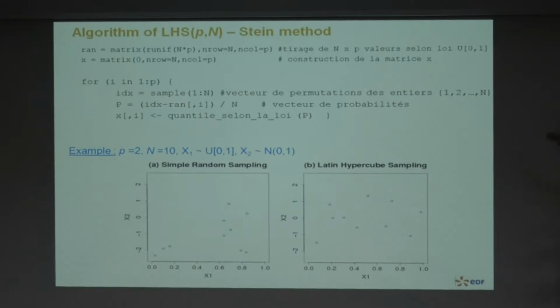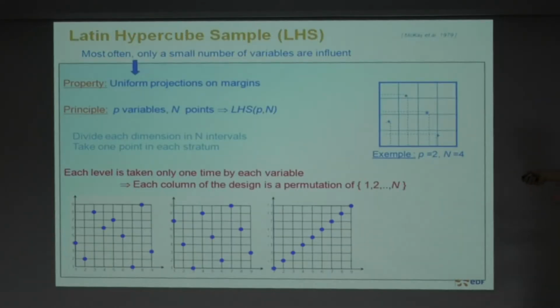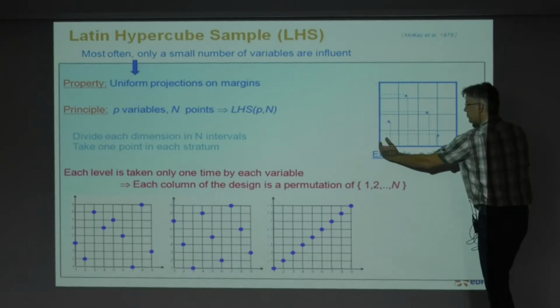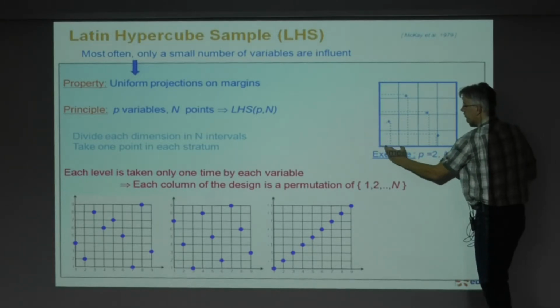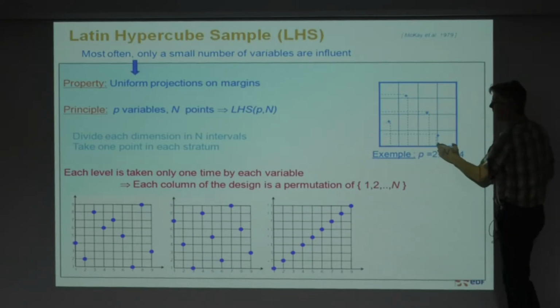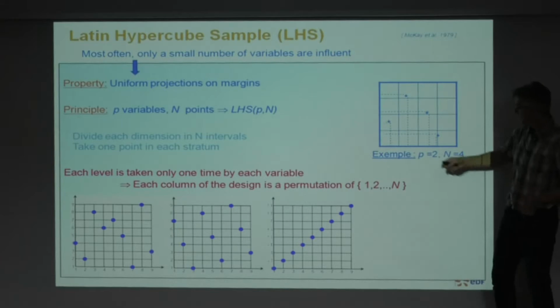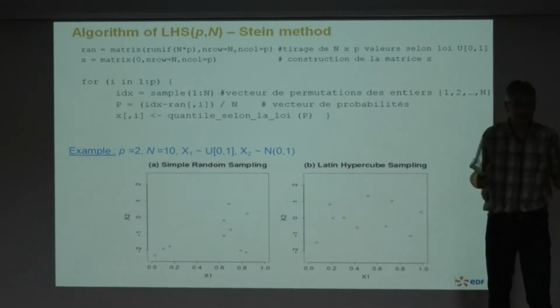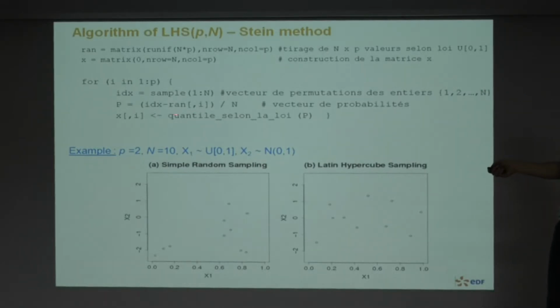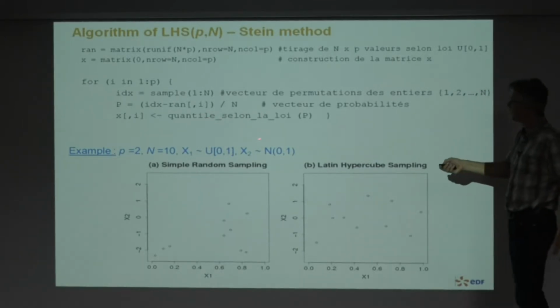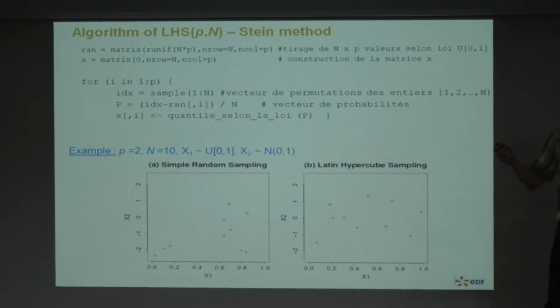Okay, so once you have done this, you can also add probability distributions. Here I have explained by imagining that this is a uniform distribution, so I have strata of equal size, because I have equiprobability with the uniform distribution. But if I want to have a normal distribution, I can do this easily by this quantile transformation. "Quantile selon la loi" means quantile following the probability law. Okay?